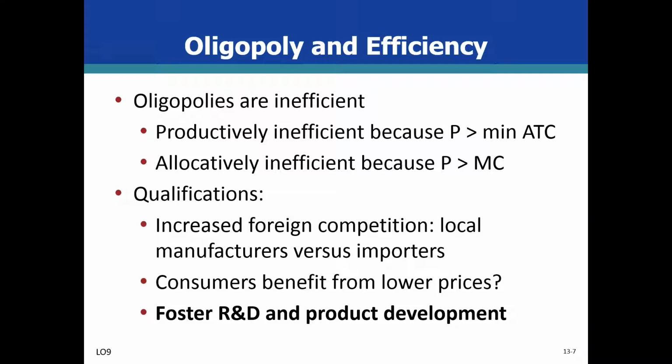However, because of the money that they make, and if you just think of firms like Apple and others, they foster R&D and product development, and what we as consumers get is really more choice, more alternatives, more brands, and so we can pick and choose exactly what we want, and are less concerned, quite frankly, than economists that oligopolies are inefficient.